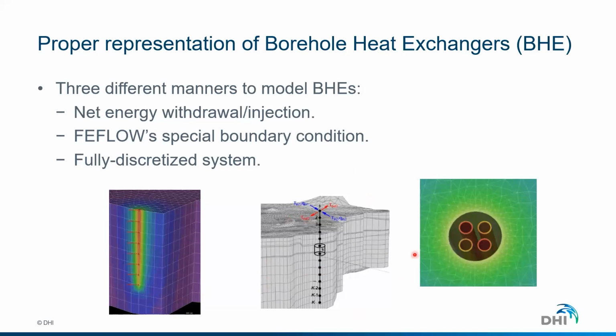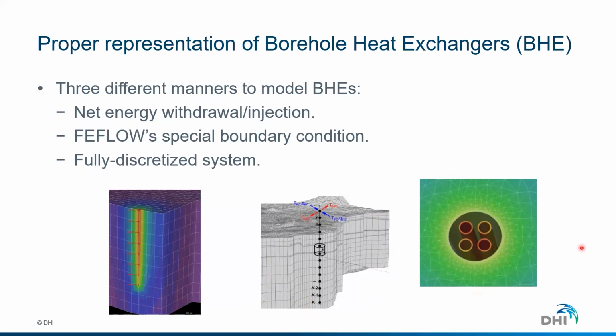We have a more elaborated representation where we have a 1D representation of a borehole heat exchanger, but inside you can still say that you have different geometrical cross sections. So FEFLOW internally will calculate the temperature distribution and exchange between the different pipes.